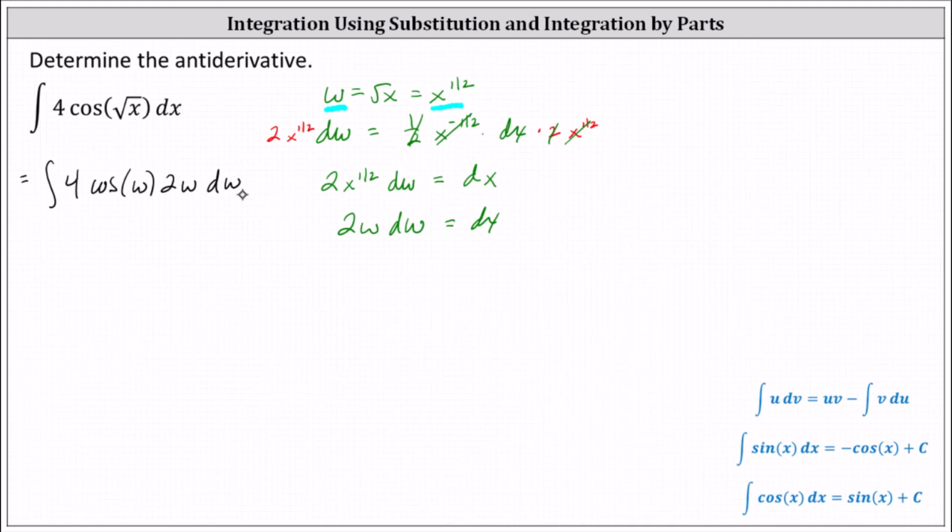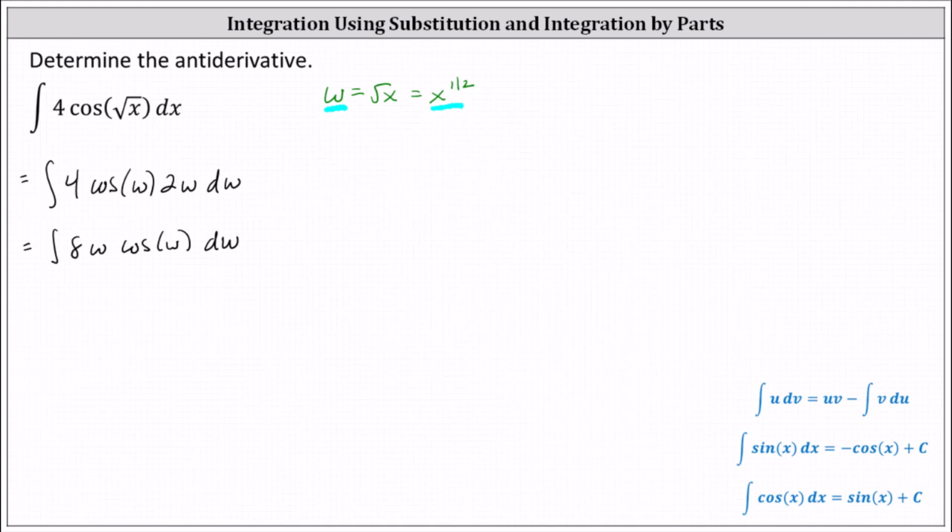Let's go ahead and simplify this and write this as the integral of 8w times cosine w dw, which now looks more like an integral that requires integration by parts. Let's go ahead and clear the information from our substitution, except we do need to remember that w equals the square root of x, or x to the 1/2. So we'll clear all this information and set up integration by parts.